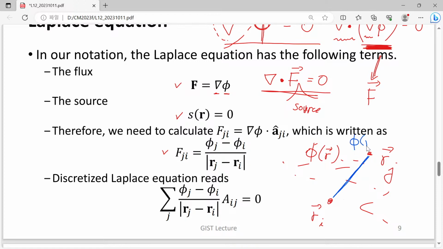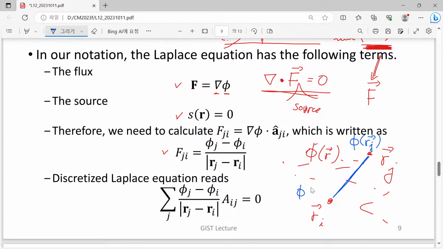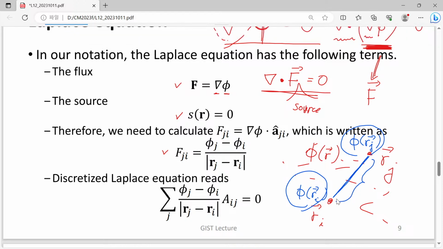Here we can say that here is Rj and here we have Ri. So taking these two numbers and taking the distance between the two positions, that's enough to calculate this f sub ji.